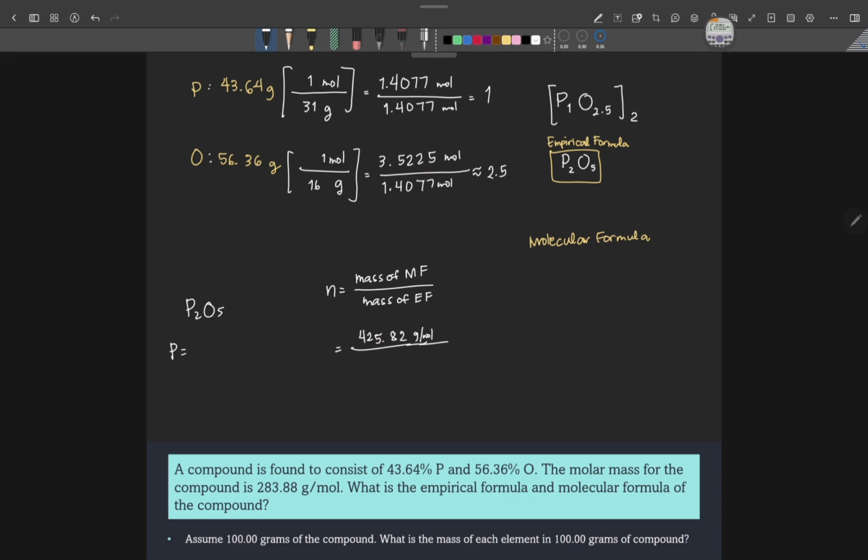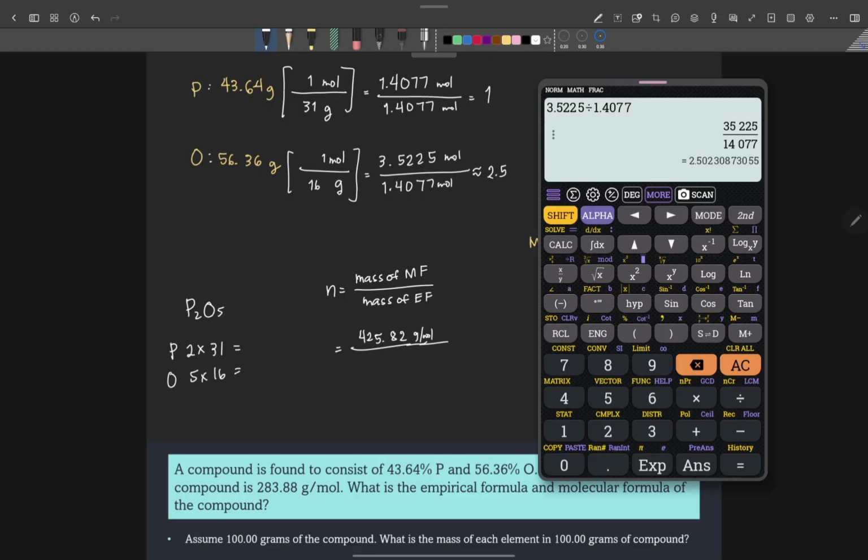So P is 2 times 31. O is 5 times 16. So this will give us, let's add, 31 times 2 plus 16 times 5. So 142 gram per mole.